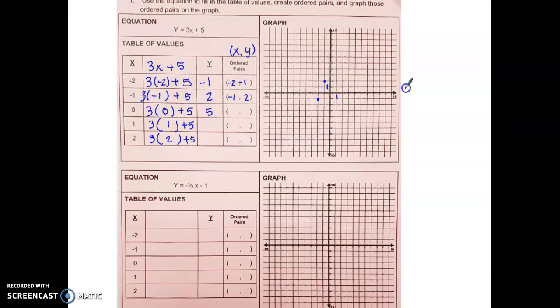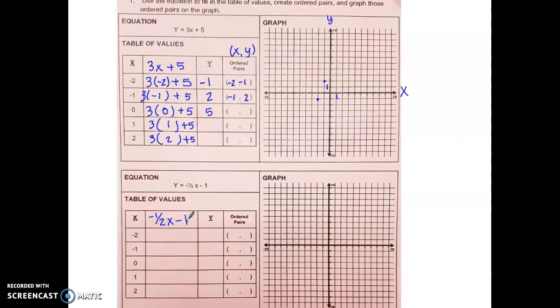Because remember, we go along the x-axis first to plot our x values and along the y-axis to plot our y values. Fill these out and then graph the rest, and then again I'll do a couple of these because there is a fraction here.